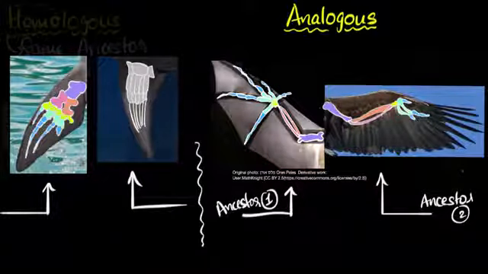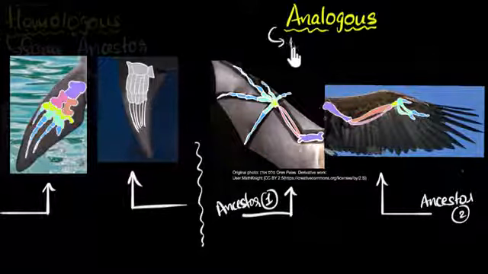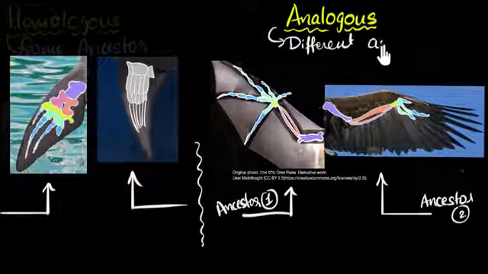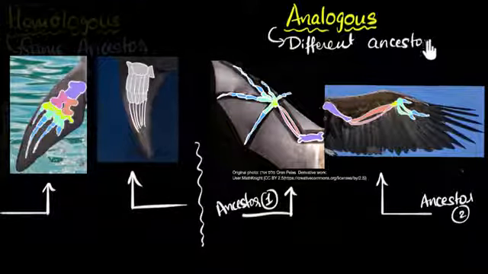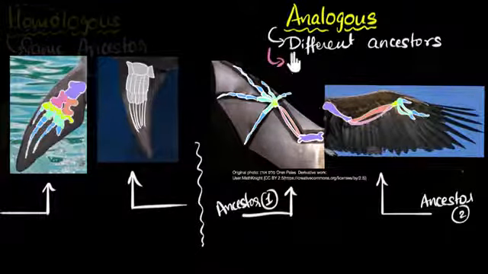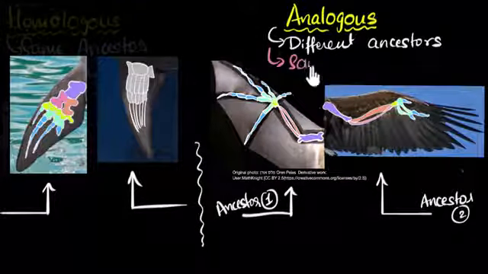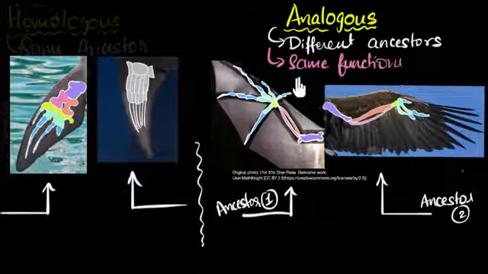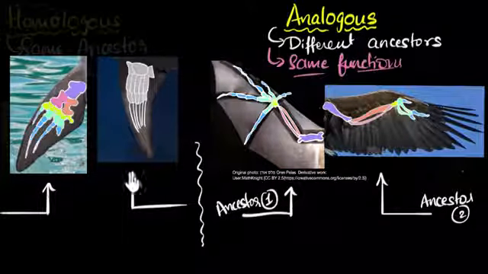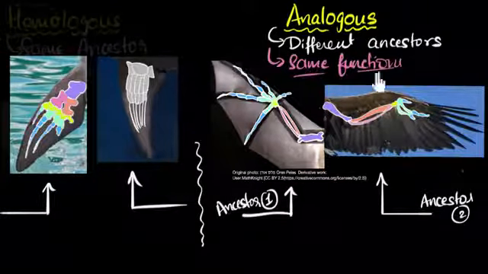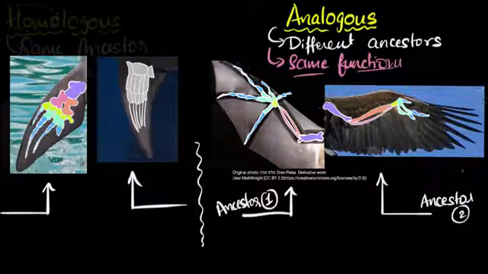What's important over here is that they have different ancestors, but they carry out the same functions. Like over here, both of them swim. Over here, both of them are used in flying, but the underlying structures are super different, therefore different ancestors.